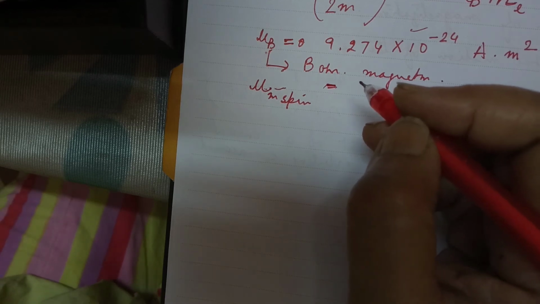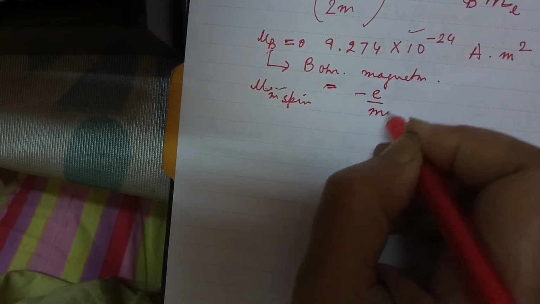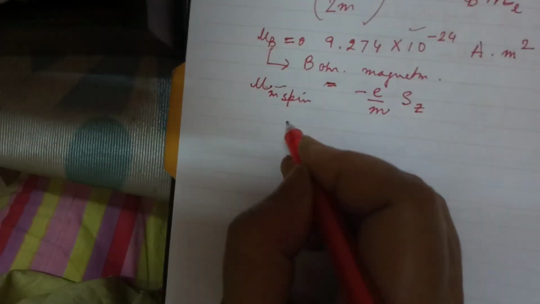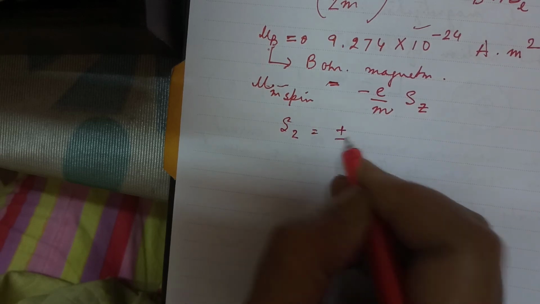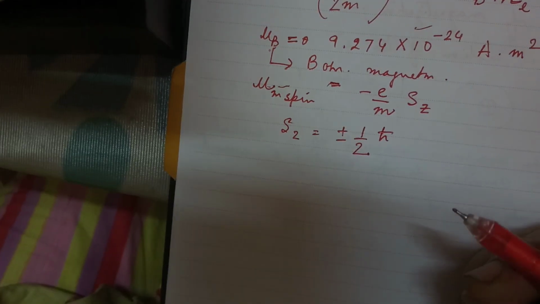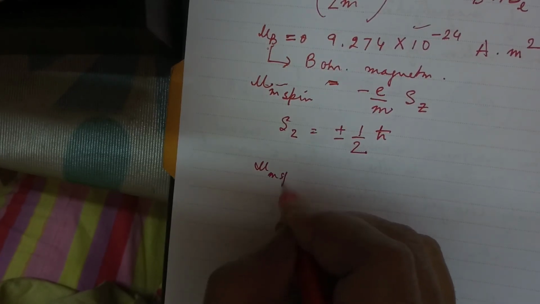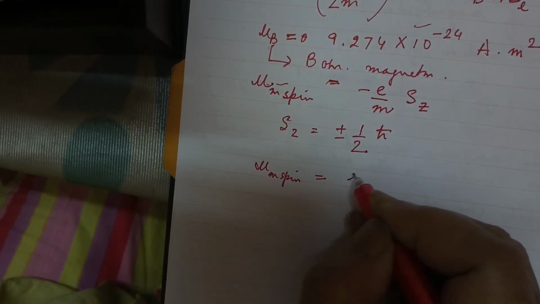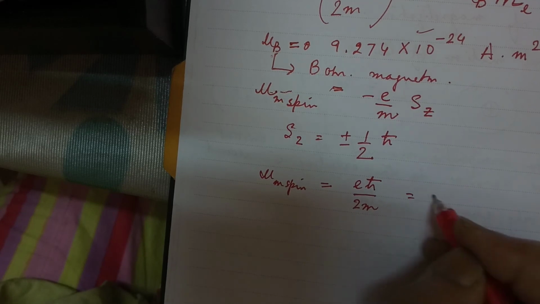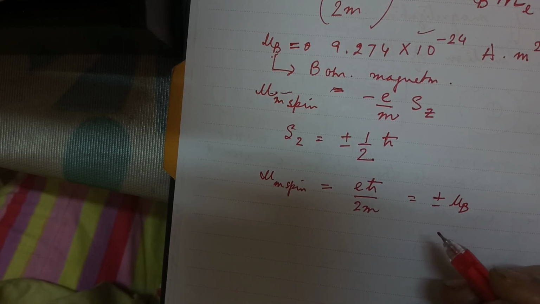So this is equal to minus E by m times Sz. Now this Sz, as you know, takes the value plus minus half h cross. So mu m spin is equal to E h cross by twice m, which is equal to plus minus mu B.